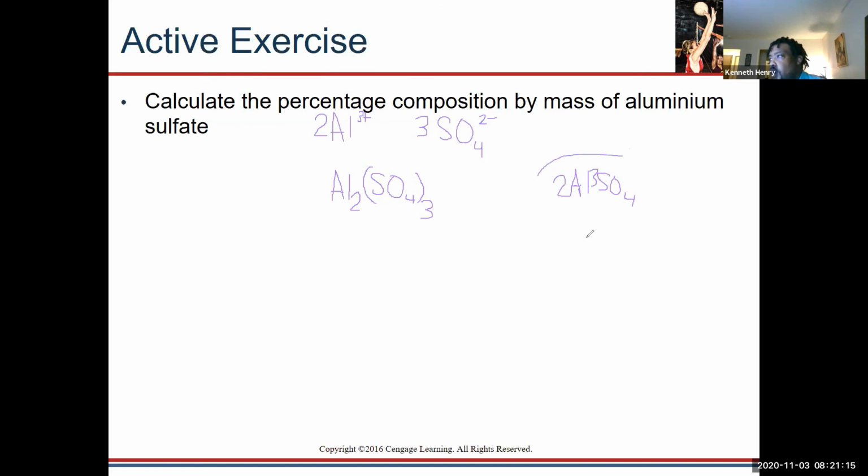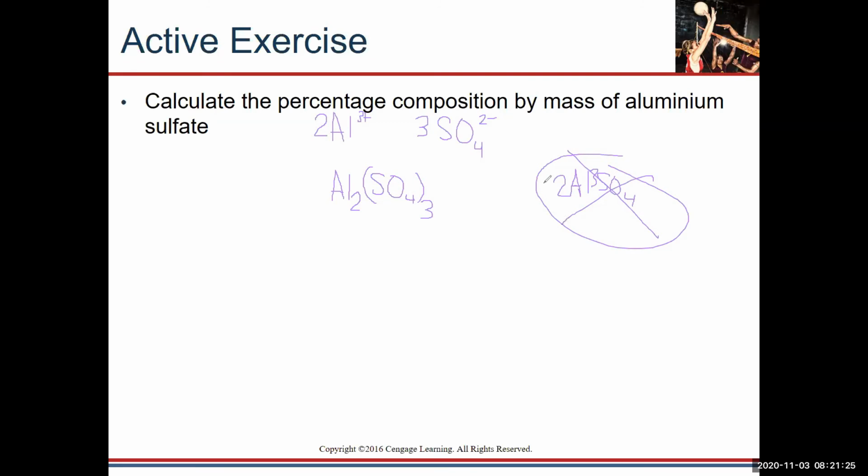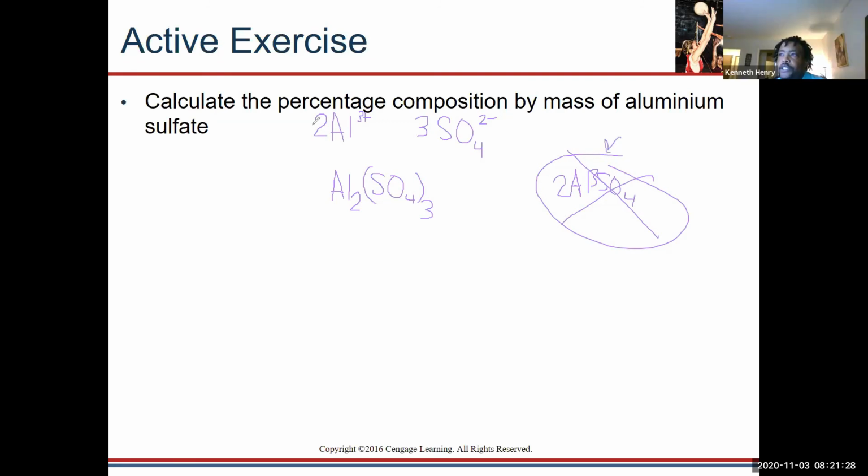Okay, that's wrong. Are we clear? You'll see it written like this, where they're separated, and this is showing that they're coming together to form a single compound. Now, this is an essential part of chemistry.